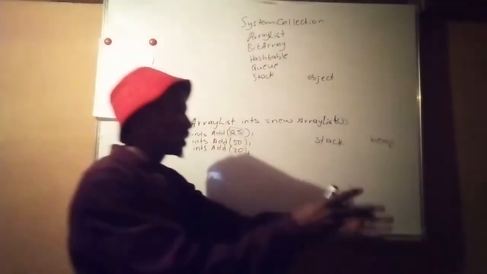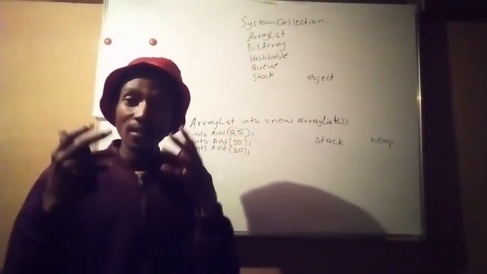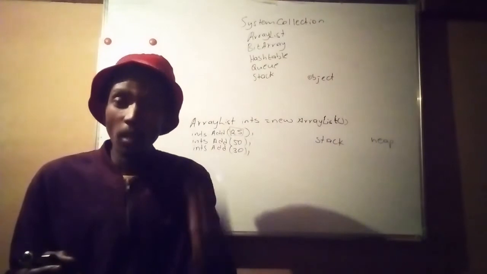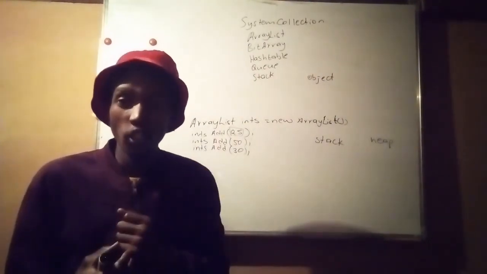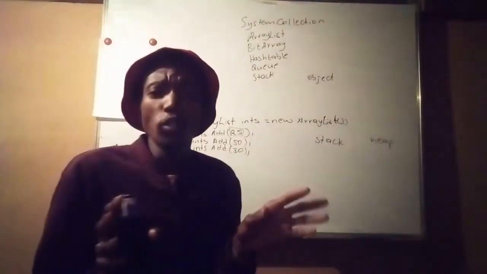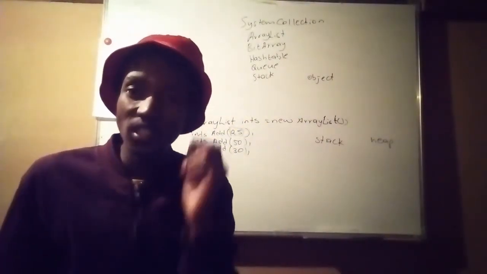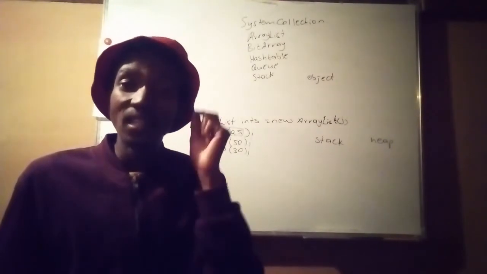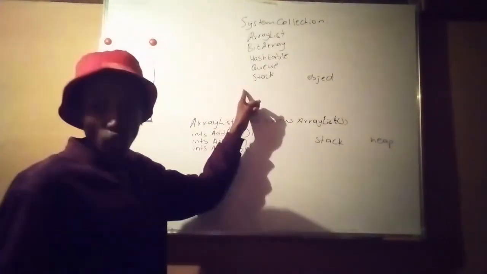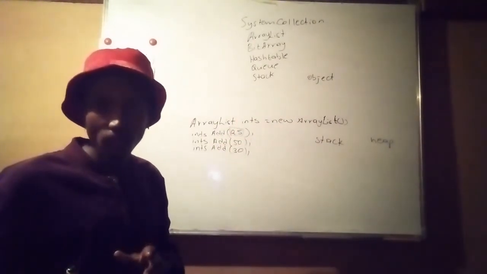So that boxing and unboxing process is the one that causes the performance bottleneck in your application. For a few integers, that might not be a problem, but when you're working with thousands of integers, then you will start to realize the frustration that comes with the use of these types. Does that make sense? Cool.